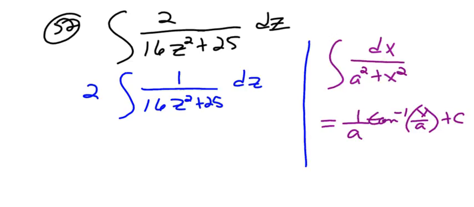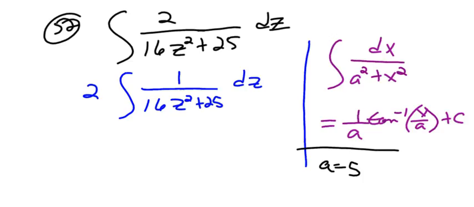You can see that the problem is what do I do here as far as the 25? This is squared. So what is my a, really, is what I'm asking. So my a in this case should be 5.